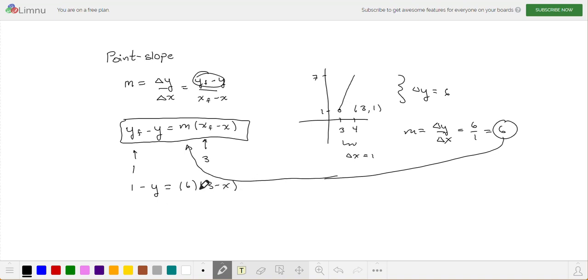Now we just have to do some algebra to put this in slope-intercept form. So this looks like, I'm going to just add, well, yeah, sure. I'll subtract 1 from both sides. Let's distribute these. And now I guess I can combine that.